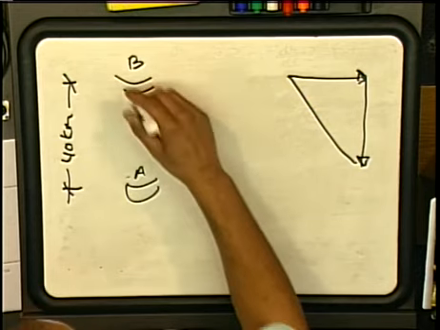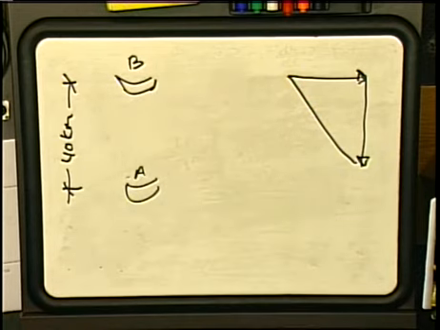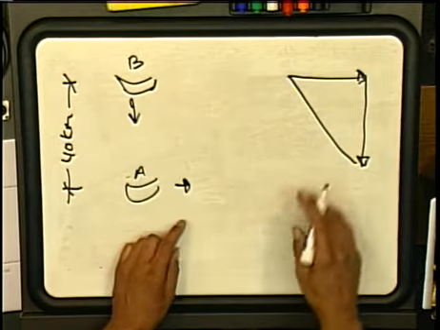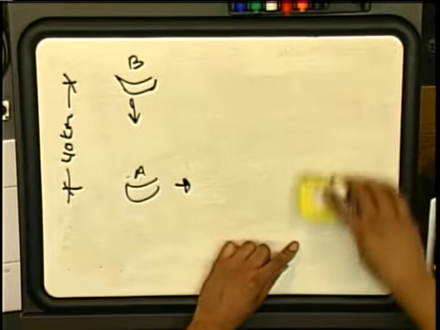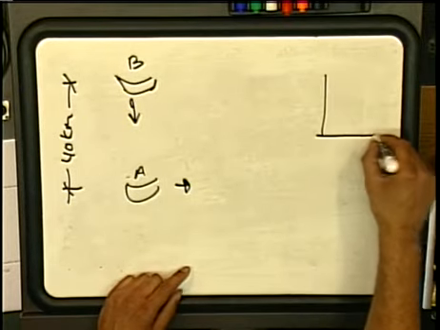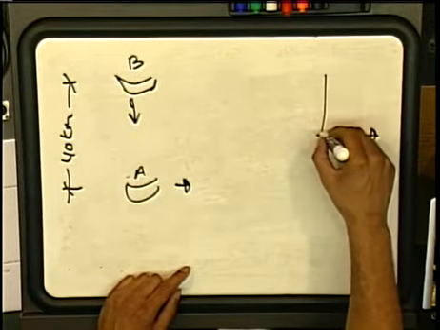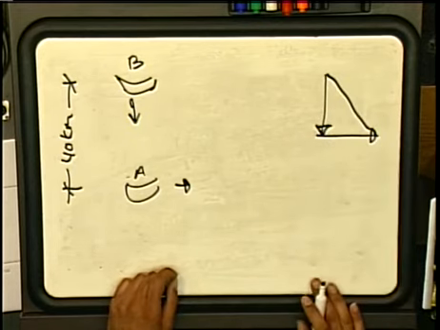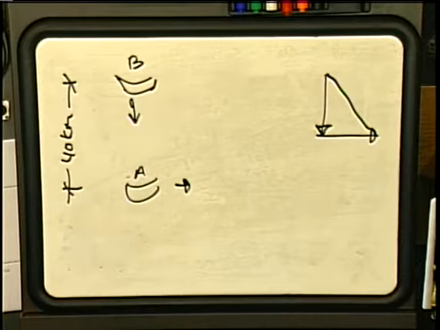So that's 40 kilometers, this is B. A is traveling this way, B is traveling this way. Is that right?